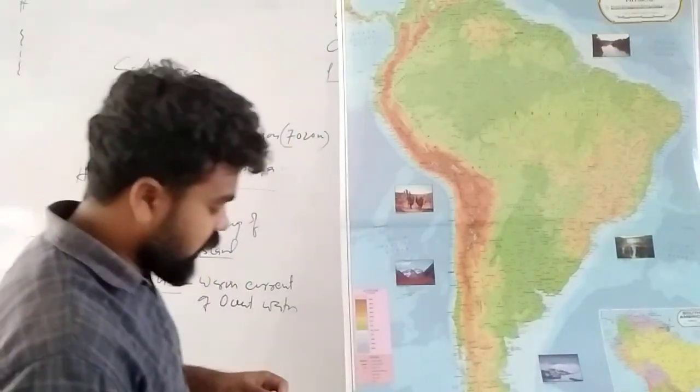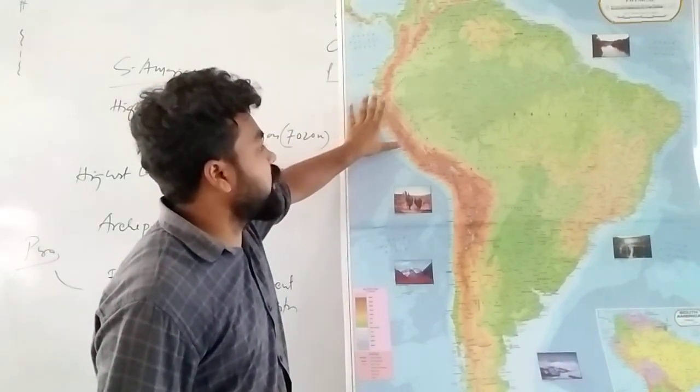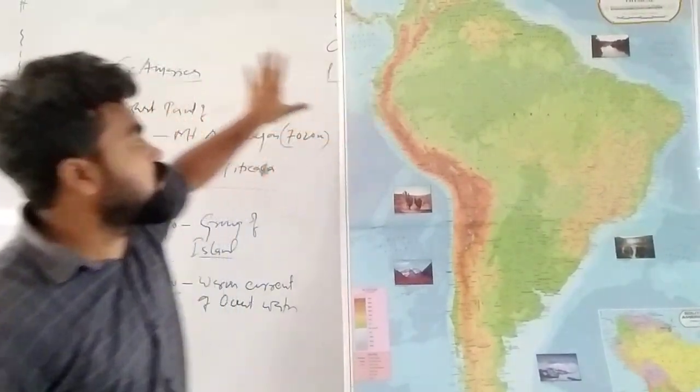So during this time, the time of Christmas, we know that we celebrate Christmas in the northern hemisphere in the winter, and in the southern hemisphere we celebrate Christmas in the summer. So during Christmas, a warm current blows from the Peru coast towards the Australian coast.